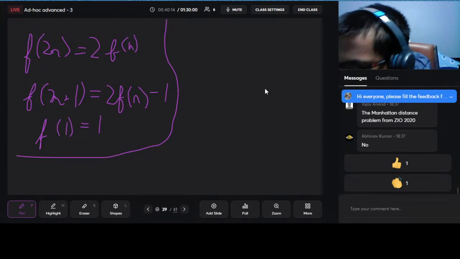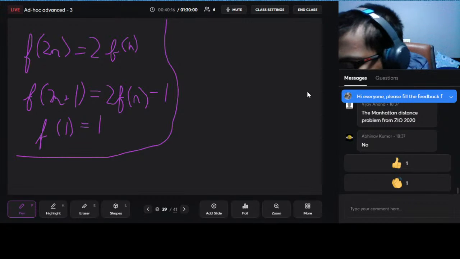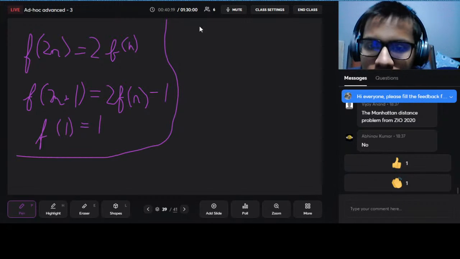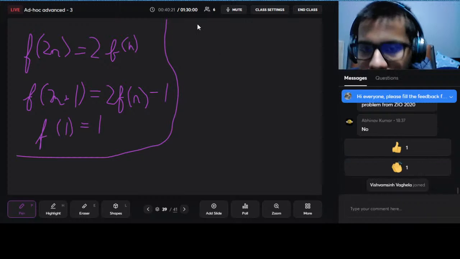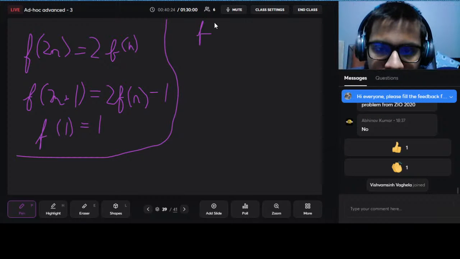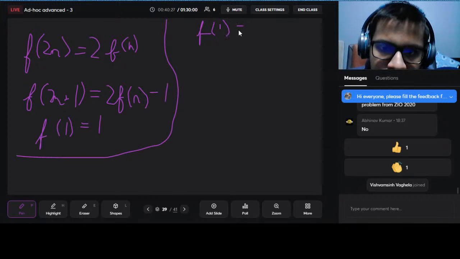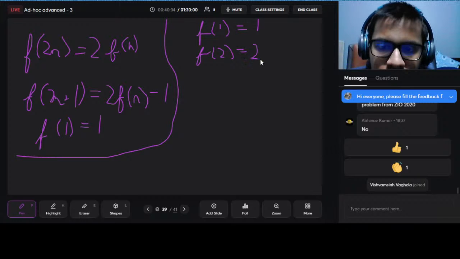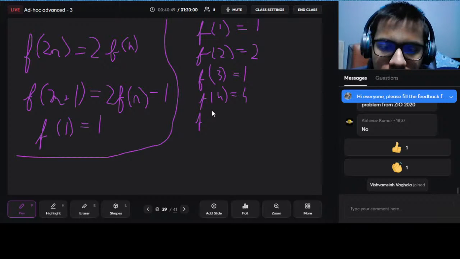The problem you are asking me to do for 1 and 5 is actually not that hard, because for 1 and 5 you can just calculate the values. F of 1 equals 1, f of 2 equals f of 1, so it's 1, f of 3 equals 1, f of 4 equals 4, and f of 5 equals 3.